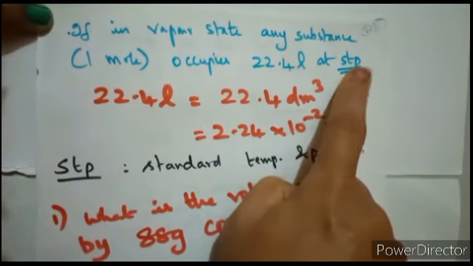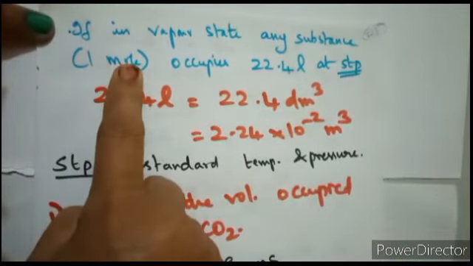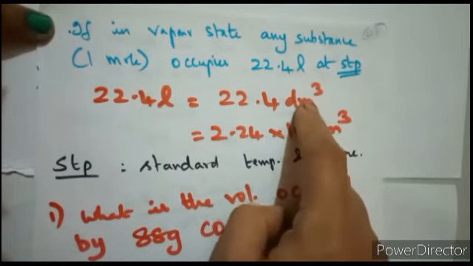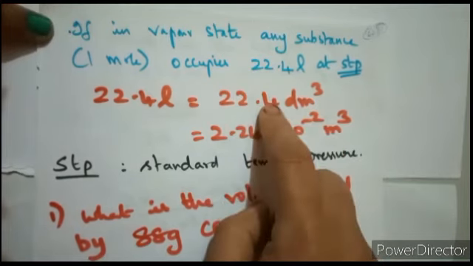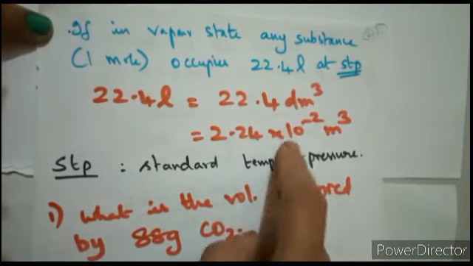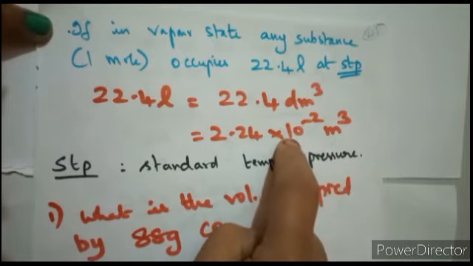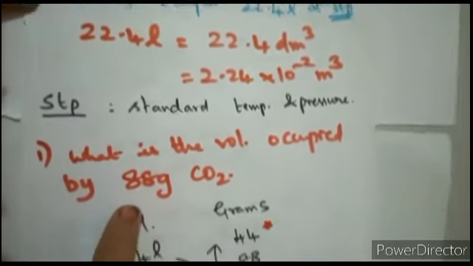If the calculation is done under the standard conditions, then 1 mole of any molecule occupies 22.4 liters. Liters, when given in the metric system, is decimeter cube, so it is 22.4 decimeter cube. In the MKS system, when it is converted into meter cube, we multiply by 10 power minus 2 to make the adjustment.